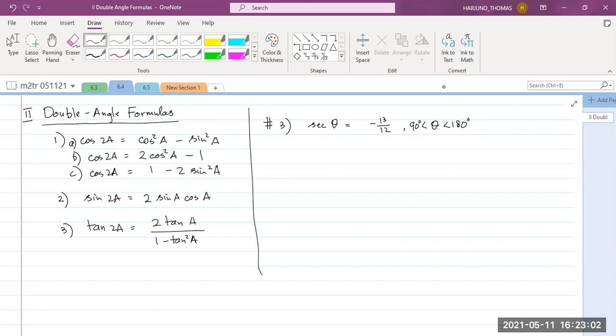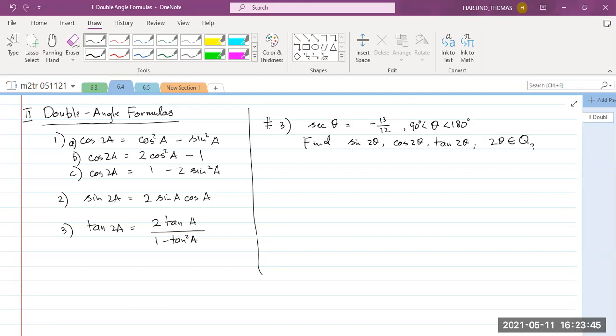Now let's do the routine first. The question is find sine, cosine, and tangent of 2 theta. Sine 2 theta, cosine 2 theta, tangent 2 theta. For me, the main question is actually to find which quadrant 2 theta is in. That's what I'm interested in.